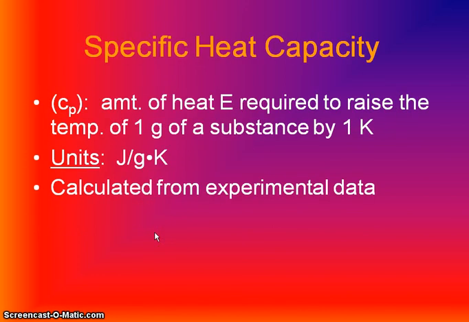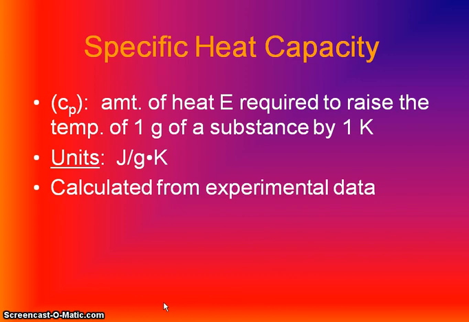The next thing is specific heat capacity. We're just going to do a little bit of an introduction here. We'll talk more about this in the thermodynamics unit. Specific heat capacity is represented by a C with the subscript P. It's the amount of heat energy that's required to raise the temperature of 1 gram of a substance by 1 Kelvin.